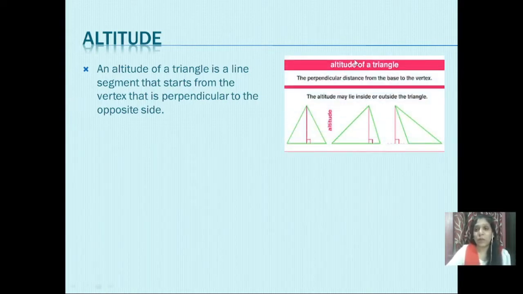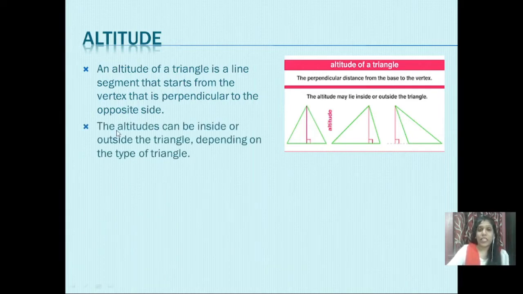So in this image, we know that a triangle has 3 vertices, correct? From one of the vertices, if we draw a perpendicular to the opposite side of the triangle, that line is known as the altitude of the triangle. The altitudes can be inside or outside of the triangle depending on the type of triangle.